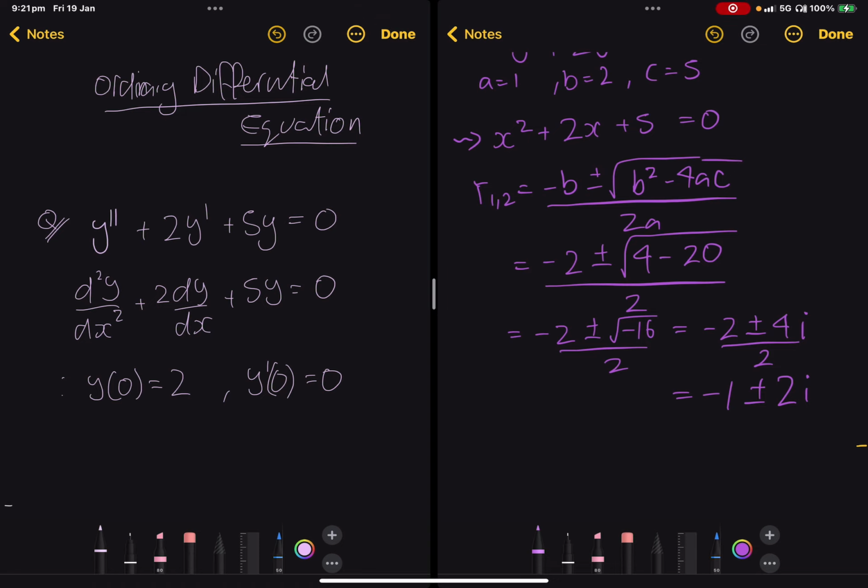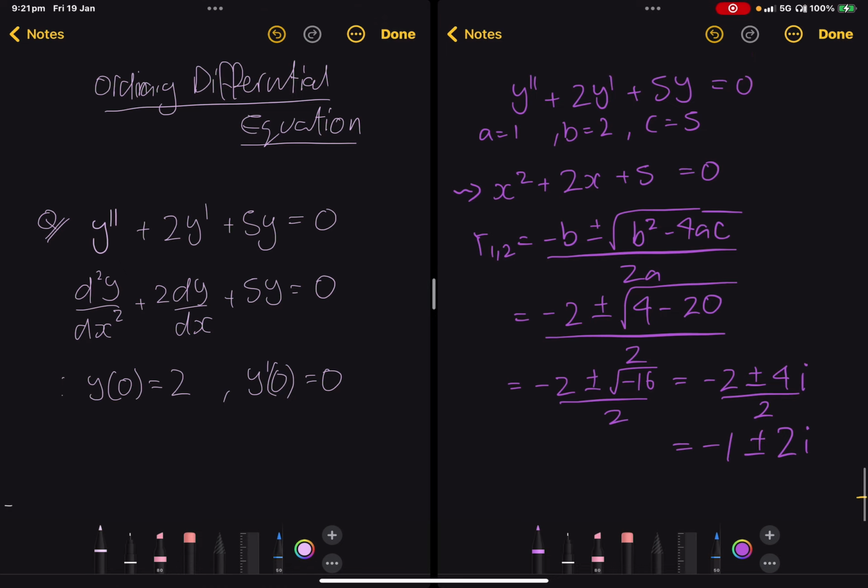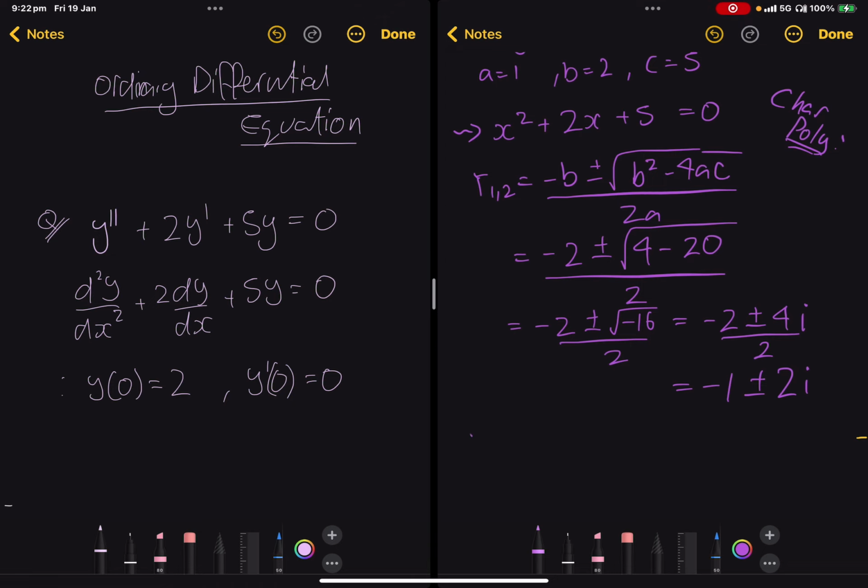And so we know in the case where a second order differential equation of this form, in the case where the characteristic polynomial has two complex roots, we can find the solution using the following formula. So we have y of x is equal to c times e to the x times cosine.